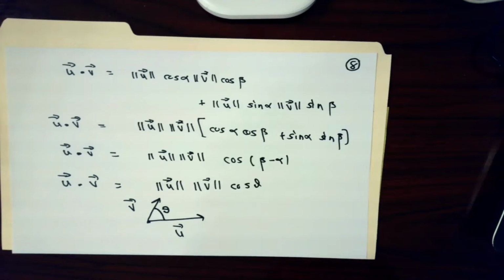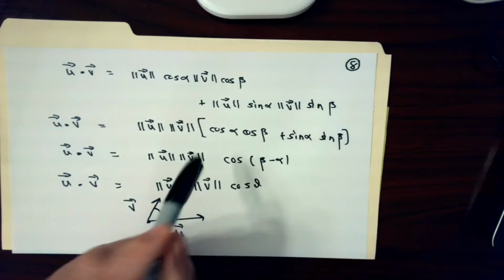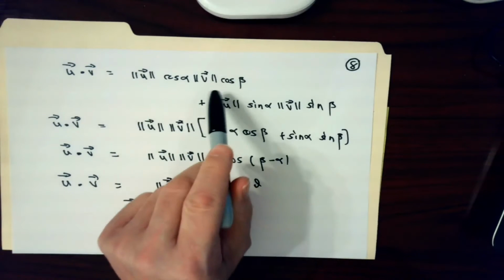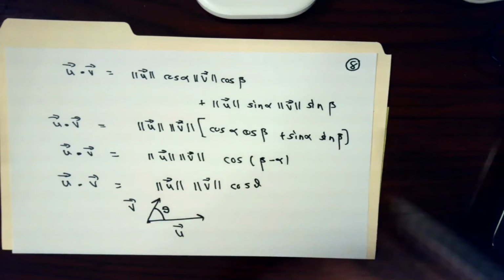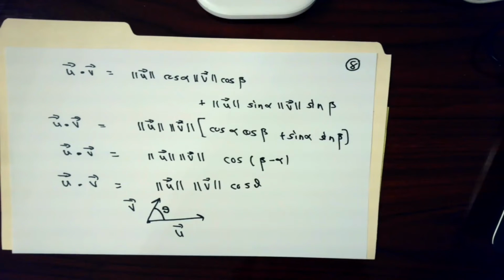Having expressed the vectors u and v in that format, u dot v is easy to calculate. I take the first component of u times the first component of v, second component of u times second component of v. Both terms have a factor of the length of u and a factor of the length of v, so I will factor those out. What's left is cosine alpha cosine beta plus sine alpha sine beta.